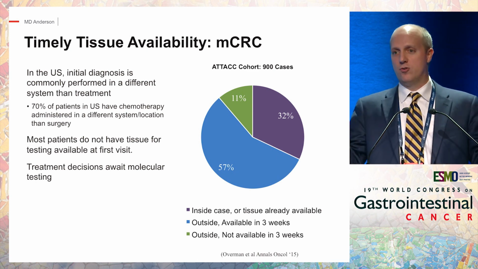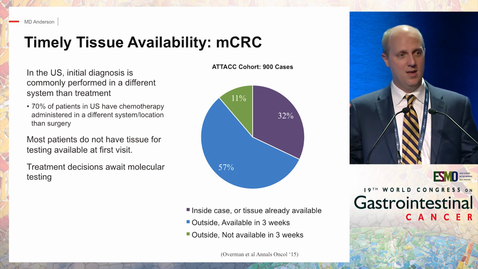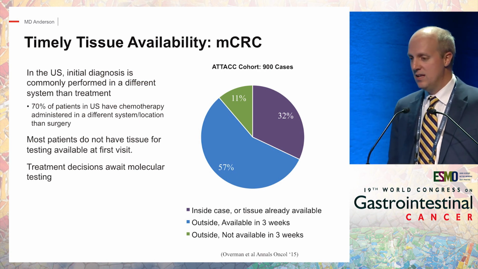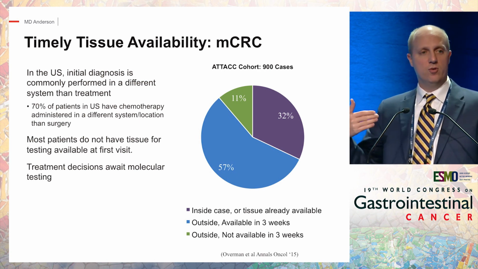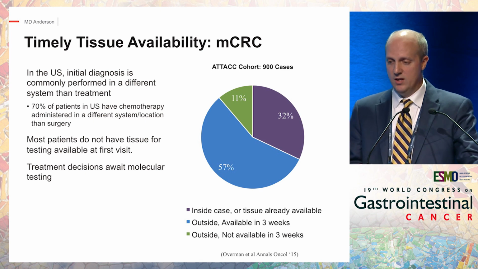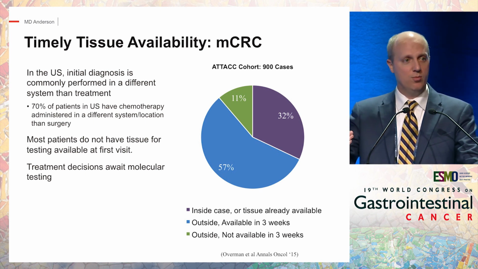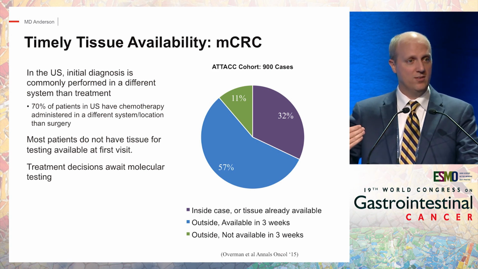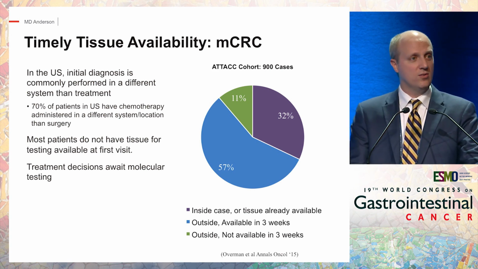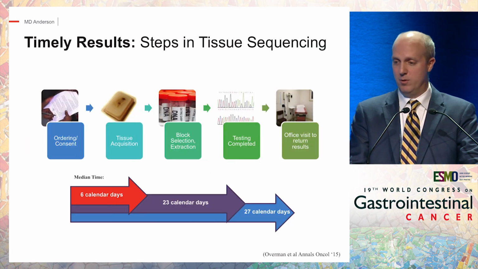So there's a big effort to try to get paraffin blocks shipped around to the right place. And most patients don't have tissue available at the first visit. A lot of our treatment decisions now, especially as we're moving EGFR inhibitors into first-line treatment for metastatic disease, really require this information to be available in a timely manner.